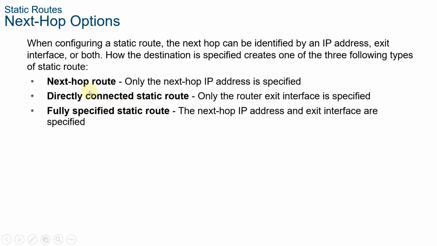You've got the next hop route, wherein only the next hop IP address is specified. You also have the directly connected static route, wherein only the router exit interface is specified. And the fully specified static route, wherein the next hop IP address and the exit interface are specified. Any of these 3 are used in the course of the demonstration.